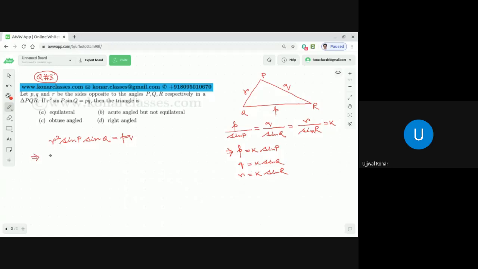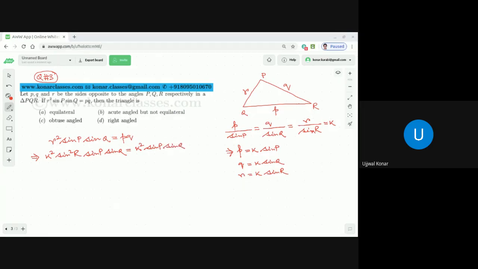So r square is equal to K square sine square R, into sine P into sine Q, that is equal to pq. With p equal to K sine P and q equal to K sine Q, that is equal to K square sine P into sine Q.